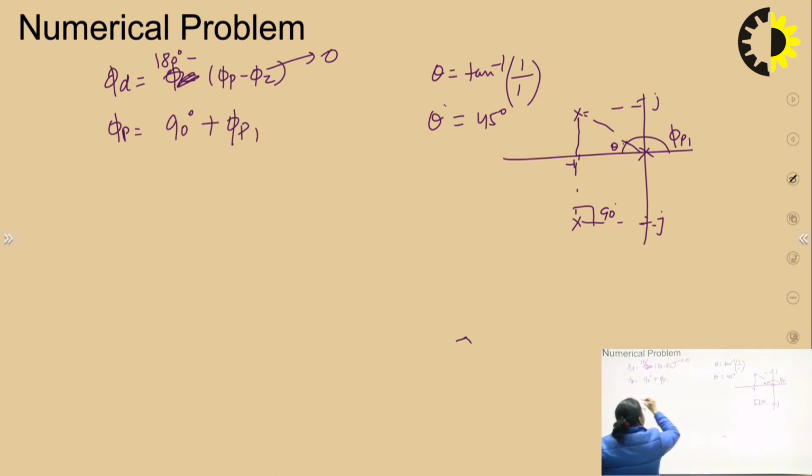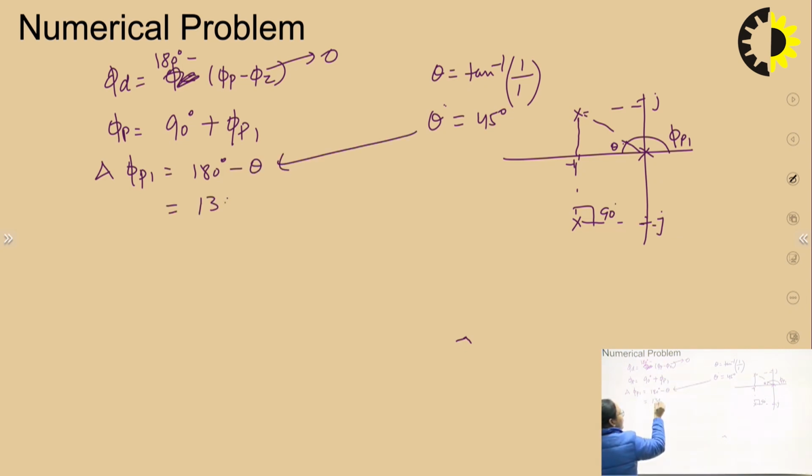Phi p1 is 180 degrees minus theta, so it has come out to be 135 degrees.